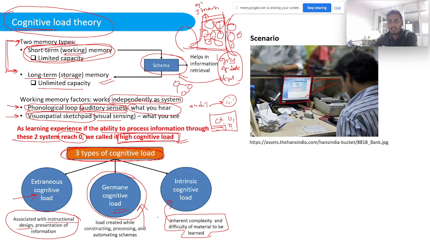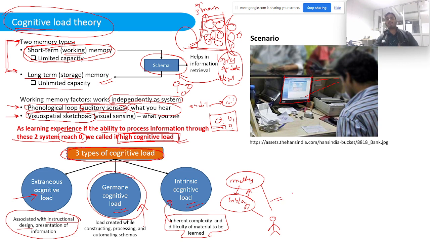That means the user is unable to understand the concept, the topics. Those are called intrinsic cognitive load. For example, if a mathematics guy has to study a biology subject, that is what I mean by inherent complexity. Both subject areas are complex for a normal person, but for a mathematics guy, probably biology is more difficult. Similarly, for the biology guy, mathematics is very difficult. So these are called inherent complexities.